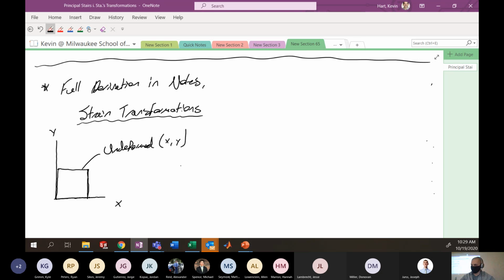Now we apply some stresses, sigma x, sigma y, tau xy, to sort of deform this guy.